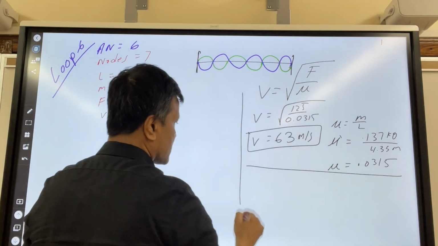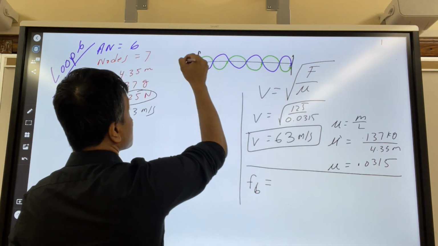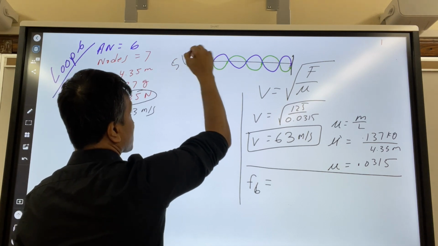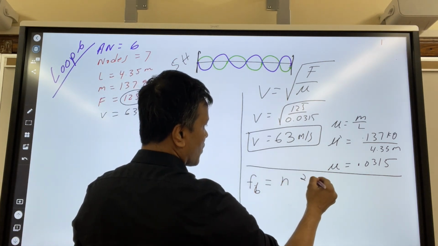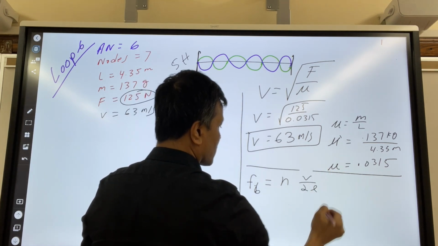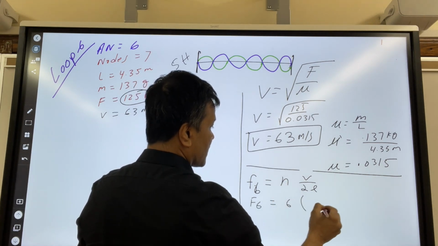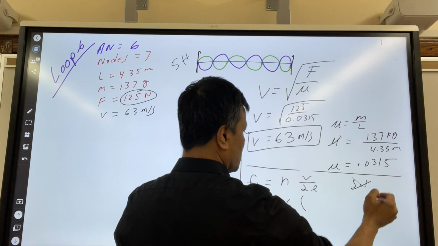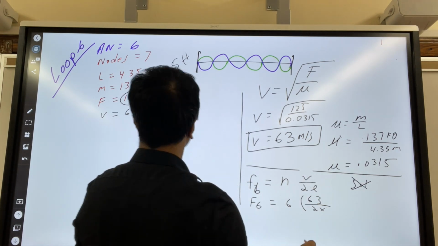Now let's find the frequency of the first harmonic or sixth harmonic, because this is the sixth harmonic. Frequency is n times velocity over 2l. So n is 6 because it's the sixth harmonic. Can you have a 5.1 harmonic? No.